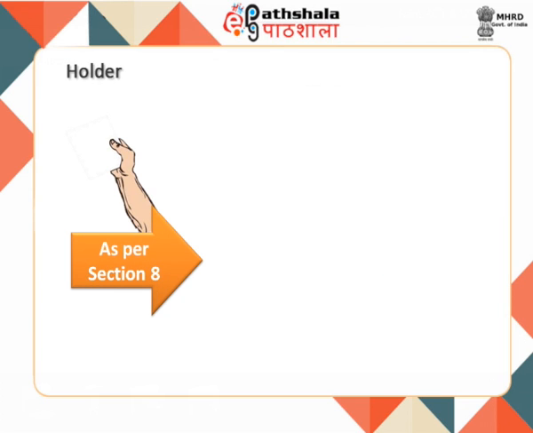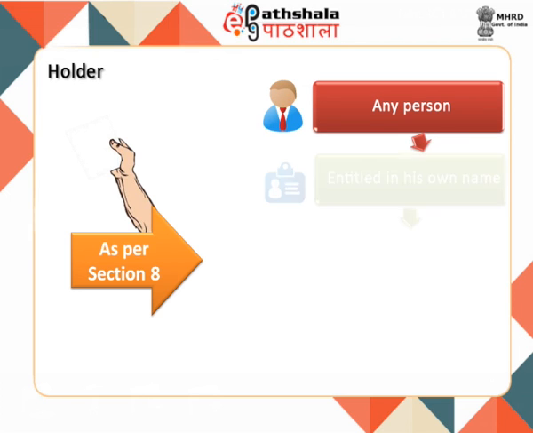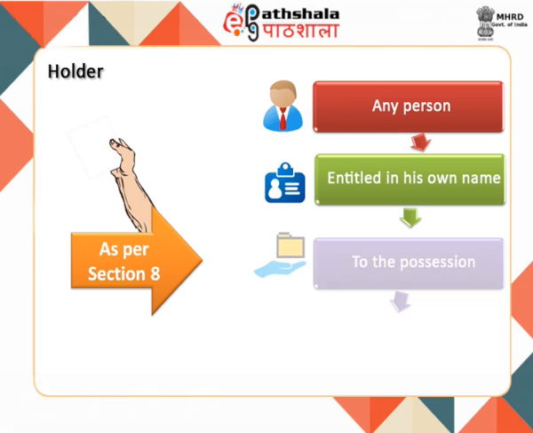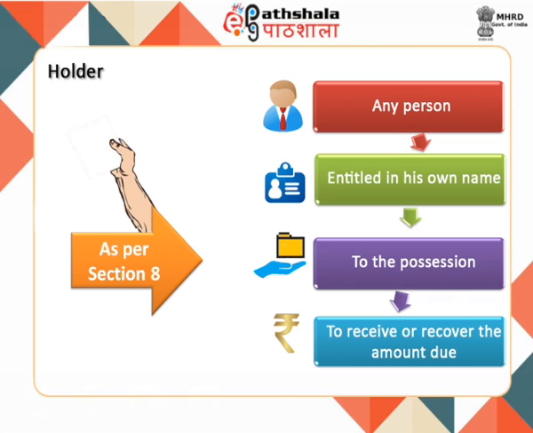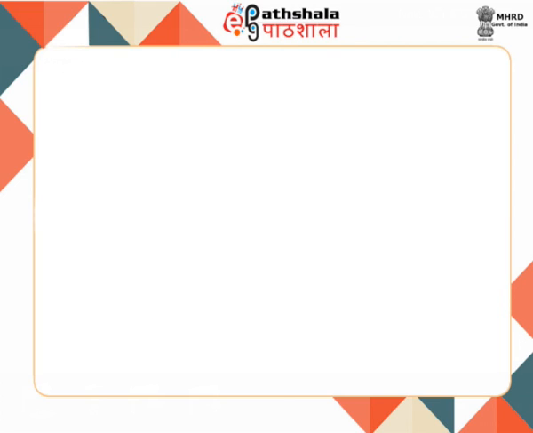As per Section 8 of the Negotiable Instruments Act 1881, the holder of a promissory note, bill of exchange, or cheque means any person entitled in his own name to the possession of such an instrument and to receive or recover the amount due thereon from the parties mentioned in it.